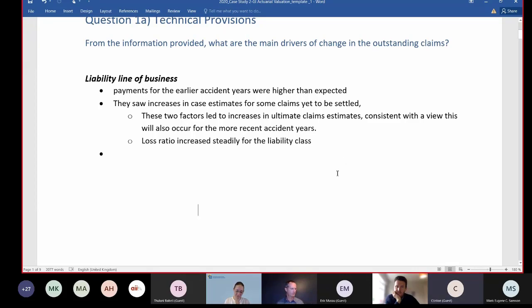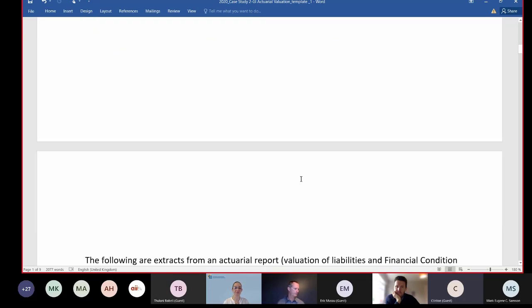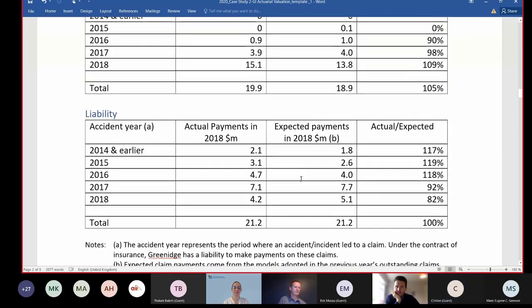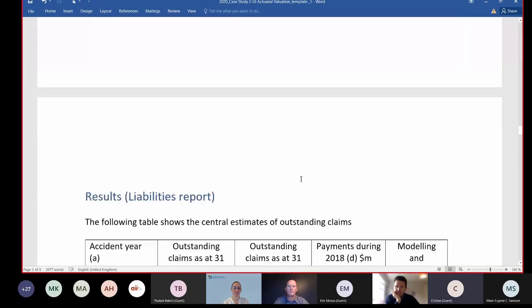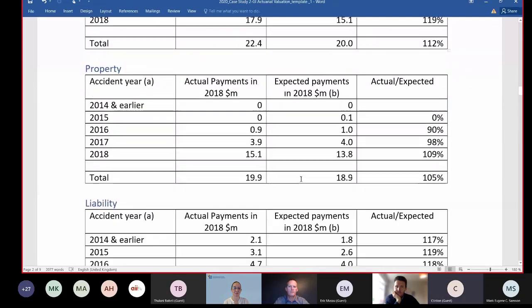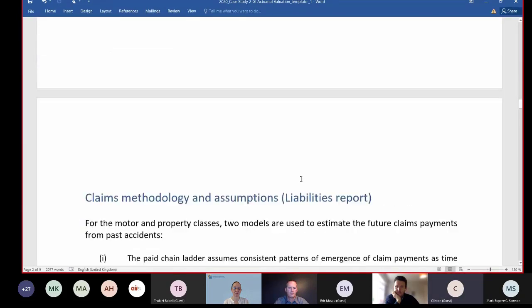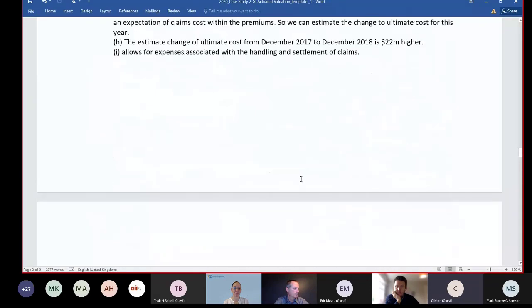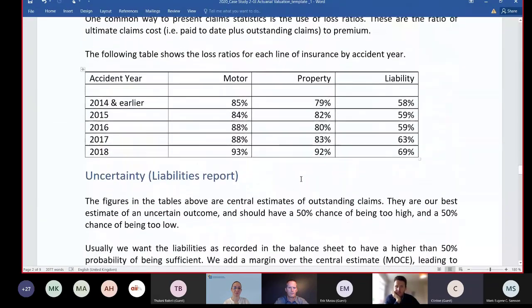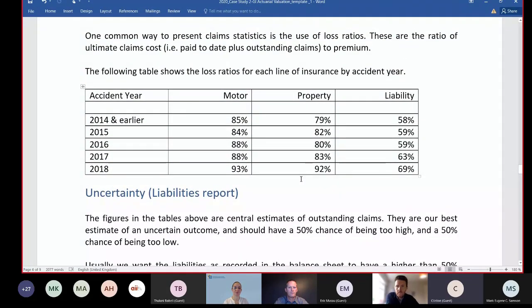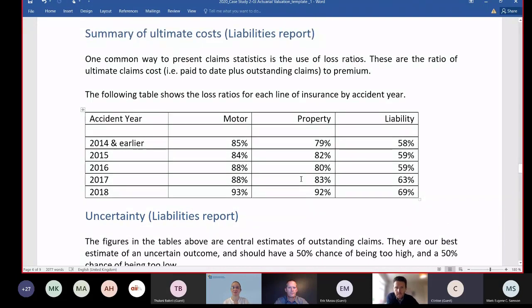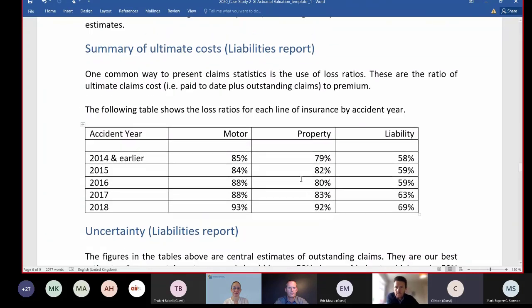And then we also look at the loss ratio for the liability class. Yeah, keep going. Perfect. Yes, so we realized that they progressed steadily over the years. So it was 58, 59, 59, 63, and then 69%.